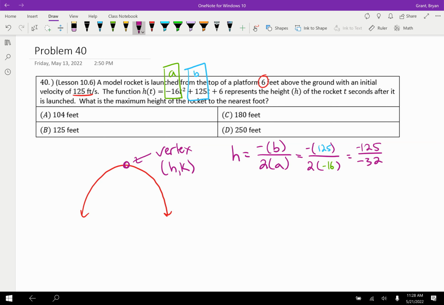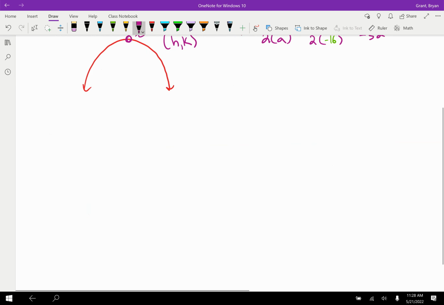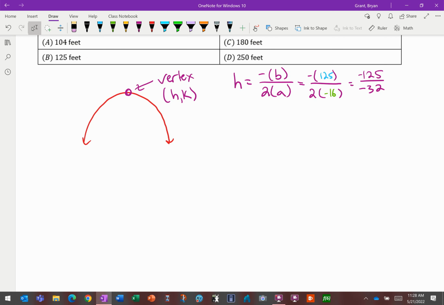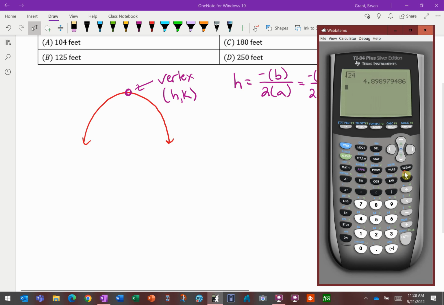So I'm going to go ahead and open up my calculator at the same time once my screen loads here. And where'd you go? There it is. We're going to type in negative 125 divided by negative 32. Excellent.